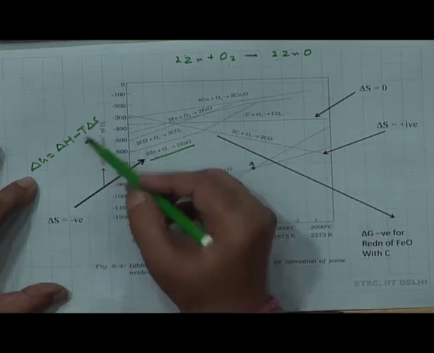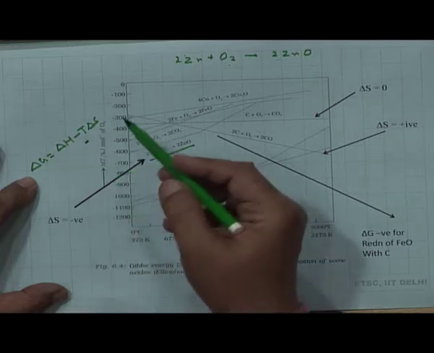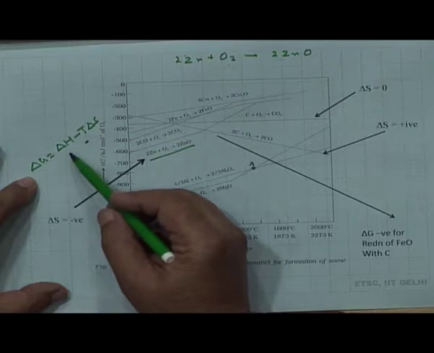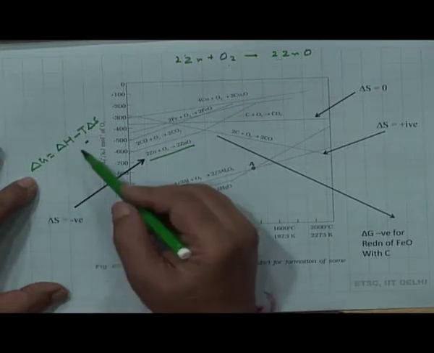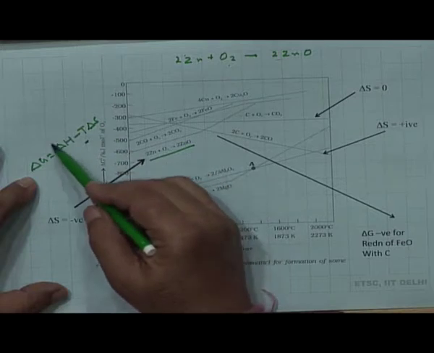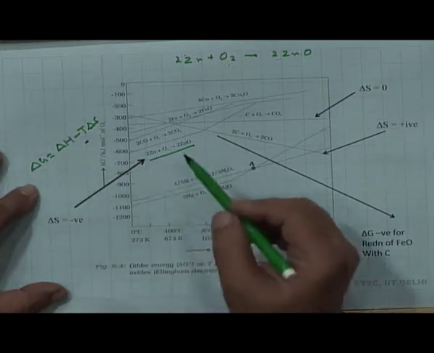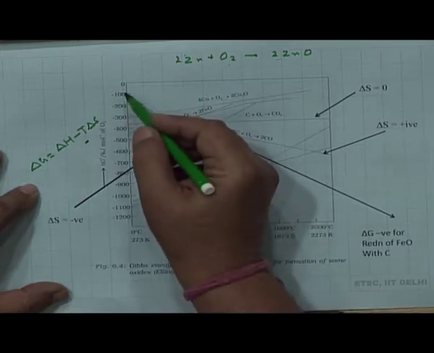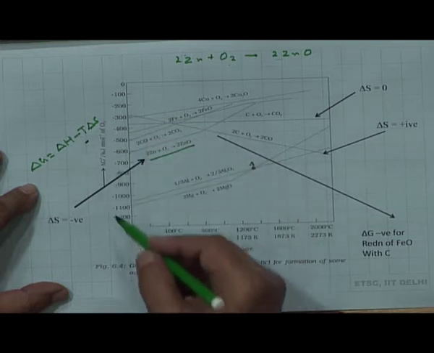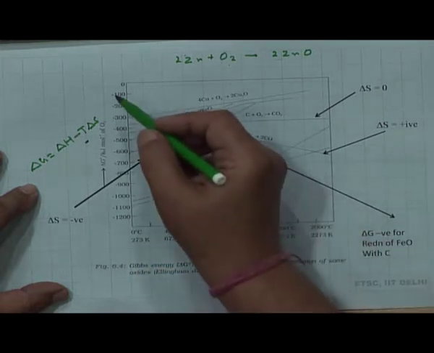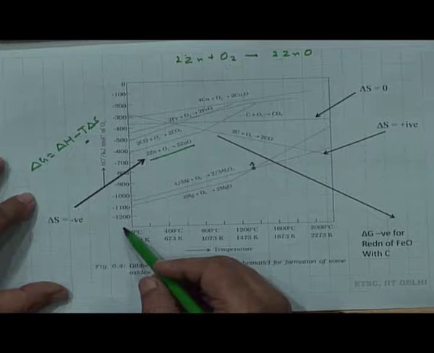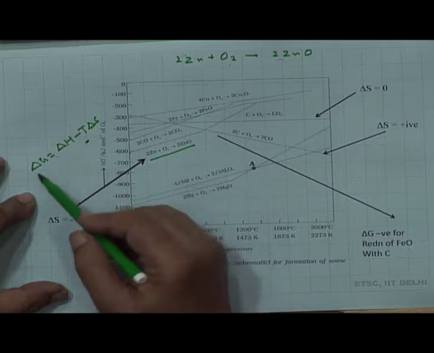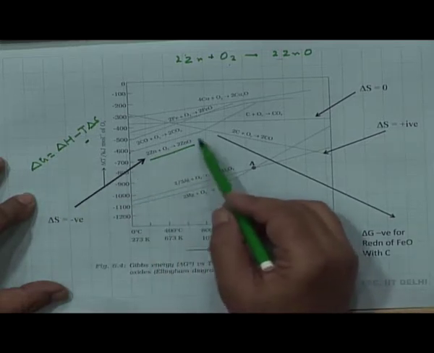So, this factor goes on becoming positive and will eat away the negative value of delta G, or will reduce the net effect of these two parameters, making delta G increase. Please note that on this axis delta G is becoming more and more negative downwards, and more and more positive upwards. So, delta G will become less negative.